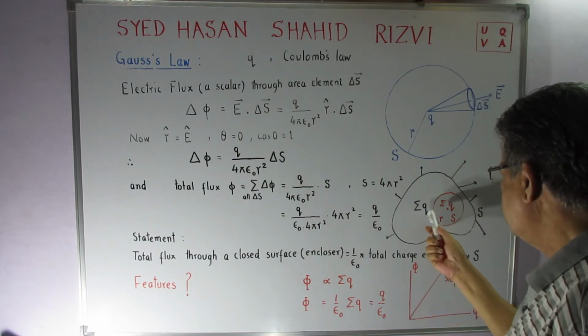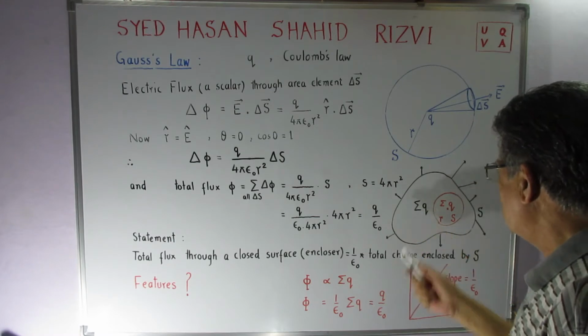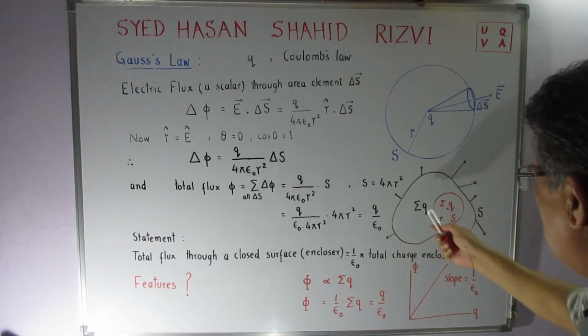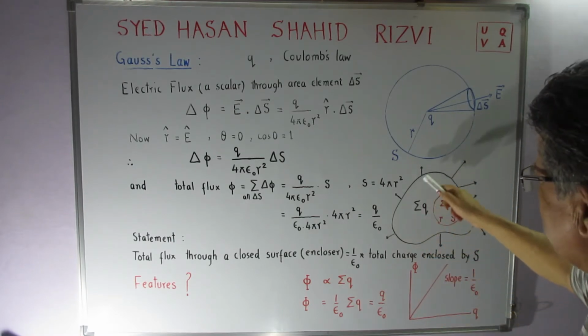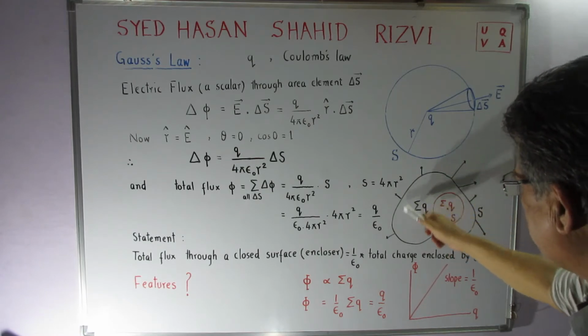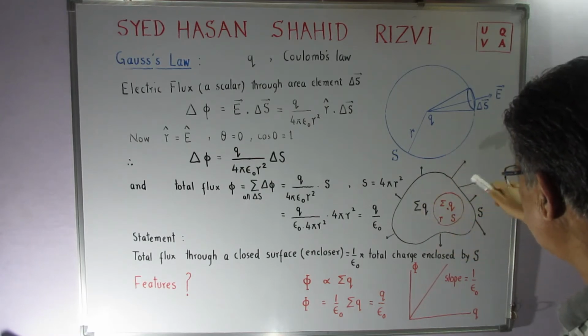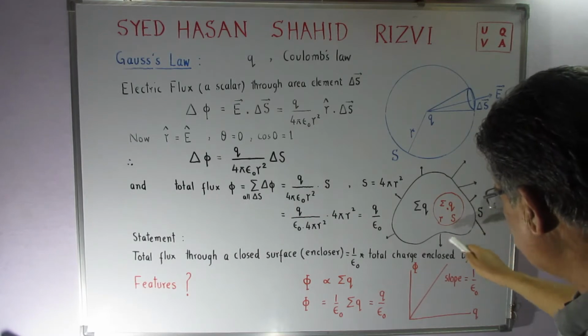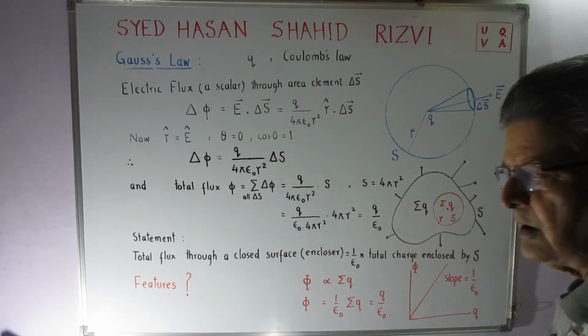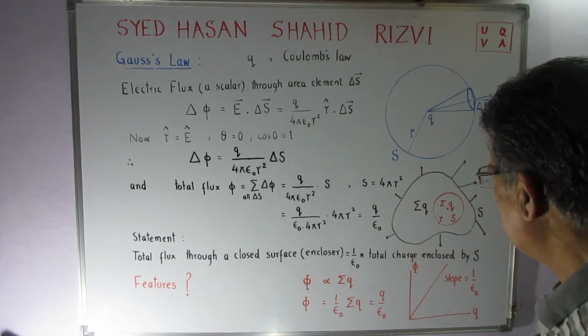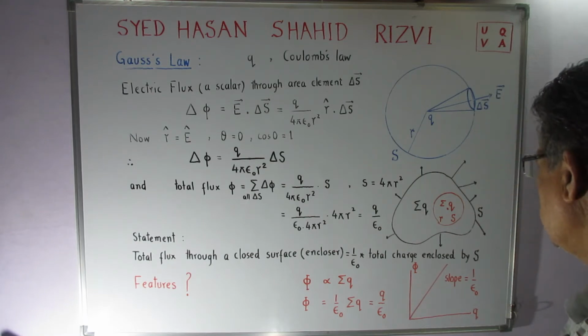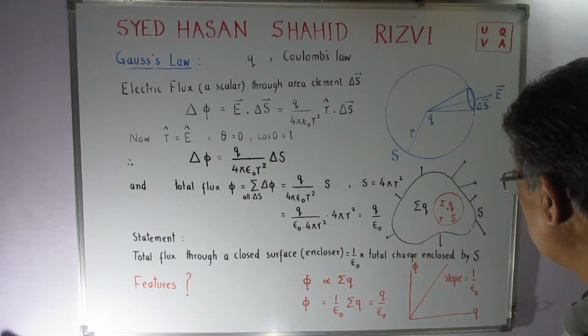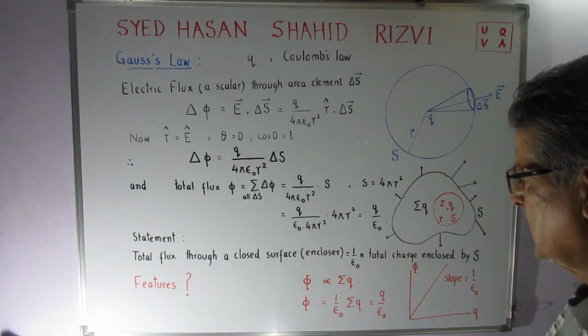So I write here now the sum of all these charges, positive, negative, etc. But we take it as positive because I have just shown you that out of this enclosure, lines of field are going out, maybe not to the scale.